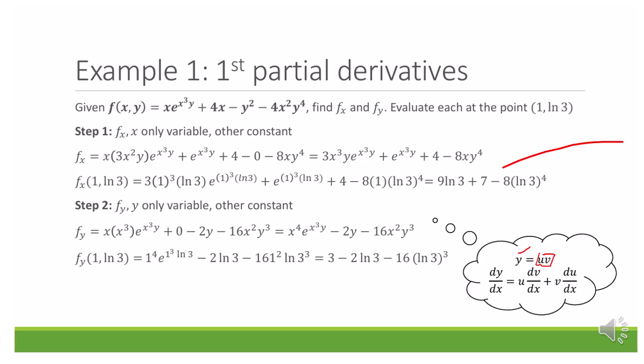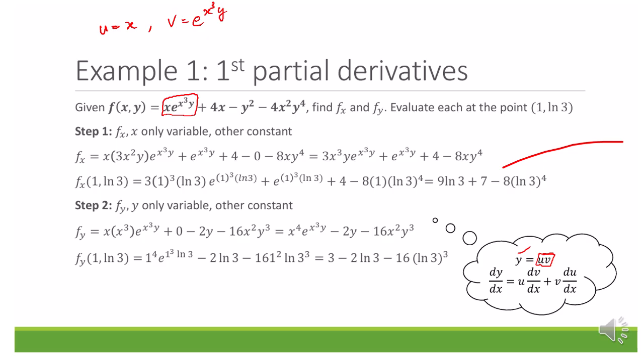If you have something like this, it represents something like this. In this case, u can be x and v should be e to the power of x, 3y.